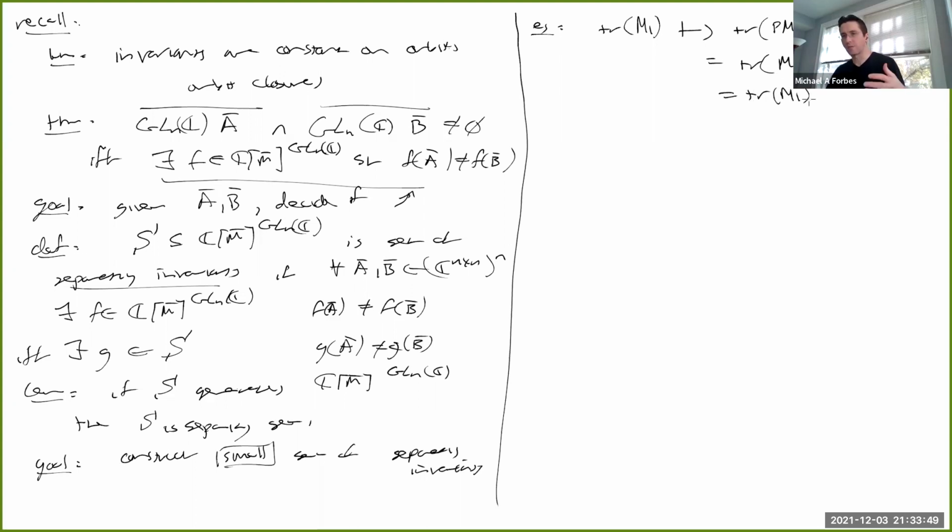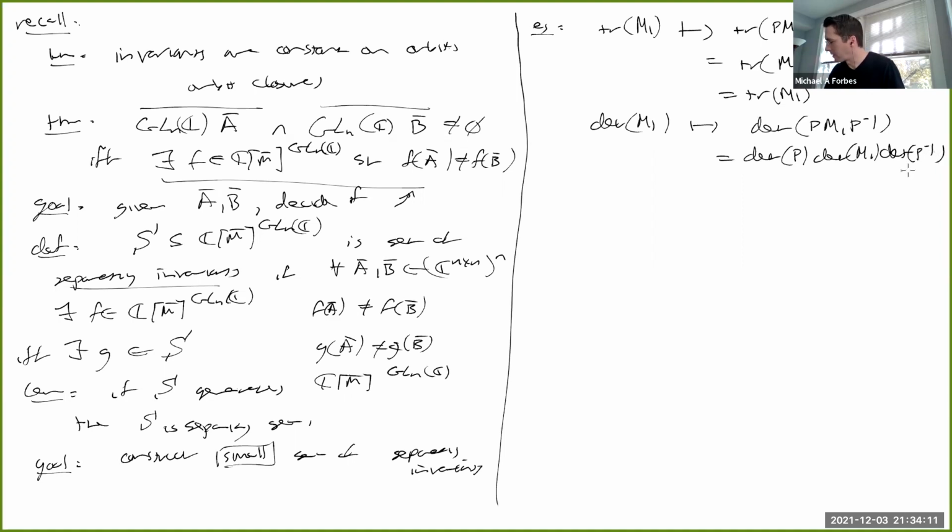So the trace of the first matrix is invariant. The determinant of M1 would get mapped to the determinant of P M1 P inverse, which, using multiplicativity, is the product of the determinants, and the determinant of P and of P inverse cancel, and you get back the determinant of M1. So the determinant is also invariant.